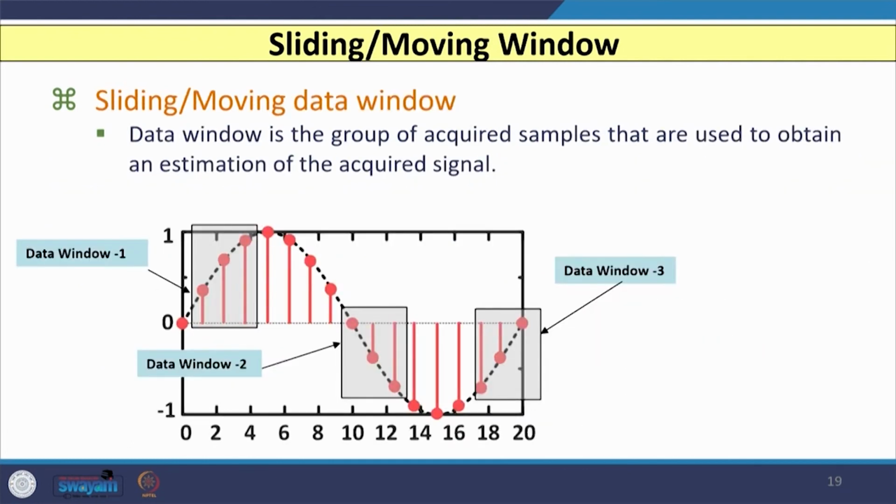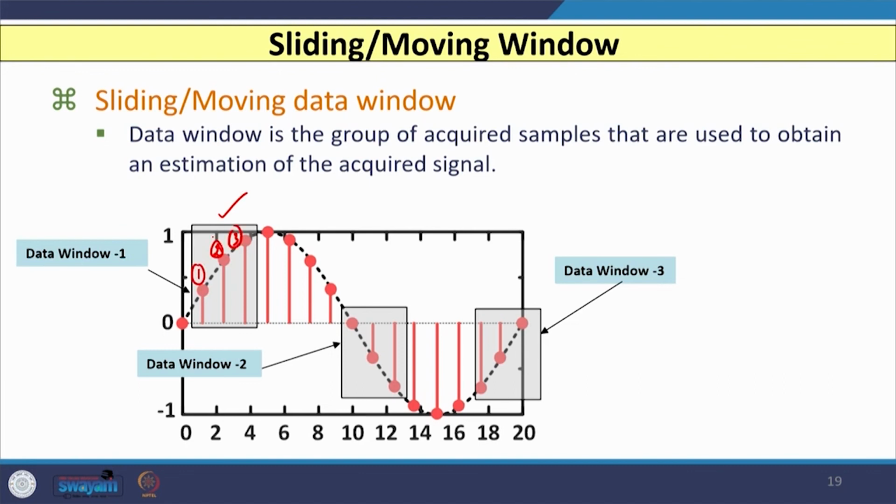Now, the concept of sliding or moving window. Here you can see what a data window, moving window or sliding window is. A data window is nothing but a group of acquired samples where you need to perform some computation or estimation. Here I have shown data window 1 which contains 3 samples, let us say 1, 2 and 3.